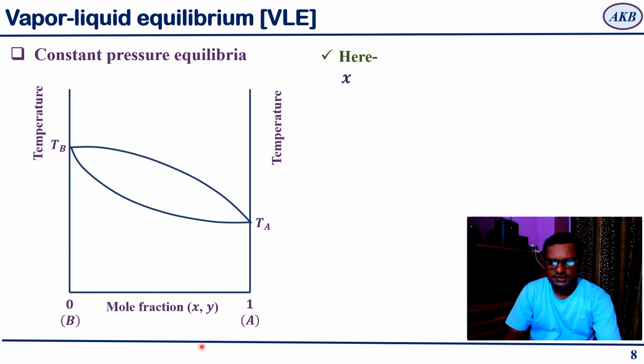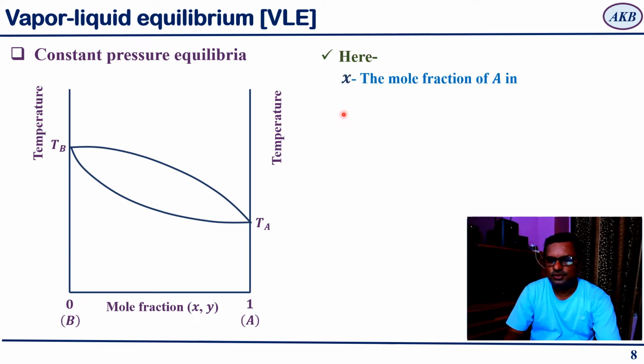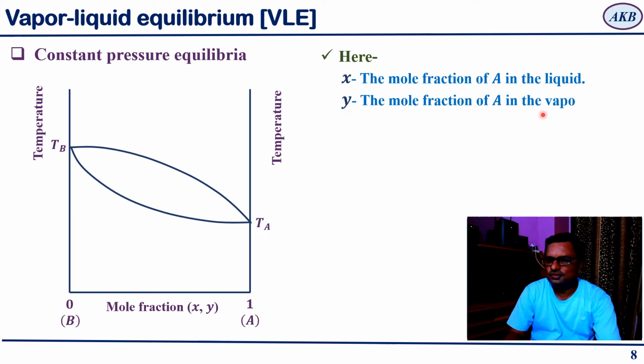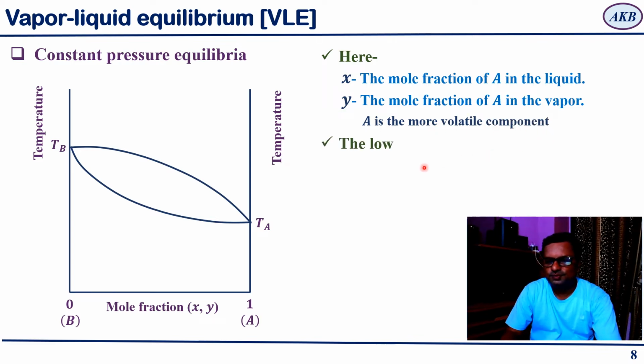Now, in this, you already know small x is the mole fraction of A in the liquid. A is the more volatile component. y is the mole fraction of A in the vapor. A is the more volatile component, I already told you. The lower curve, I'm talking about this curve, what is this?